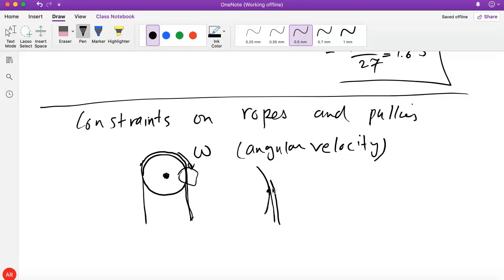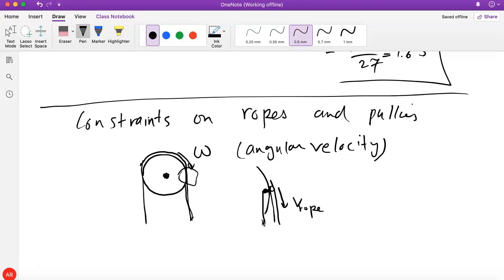A tiny piece of that rope instantaneously has some velocity v at the point of contact.